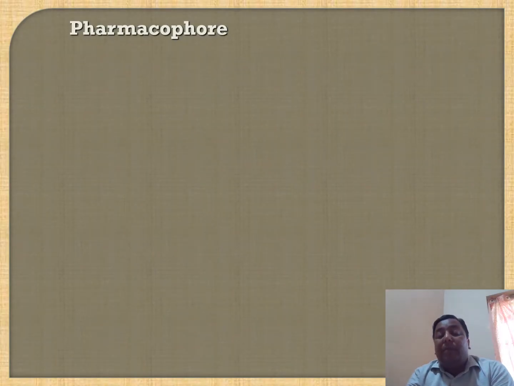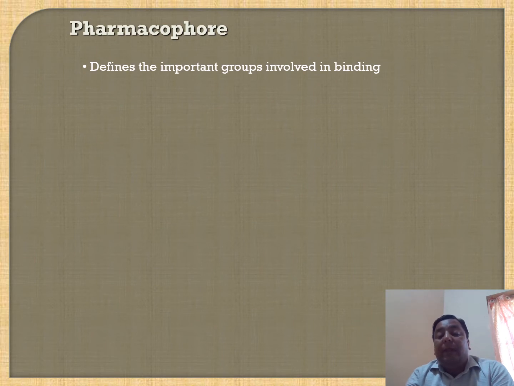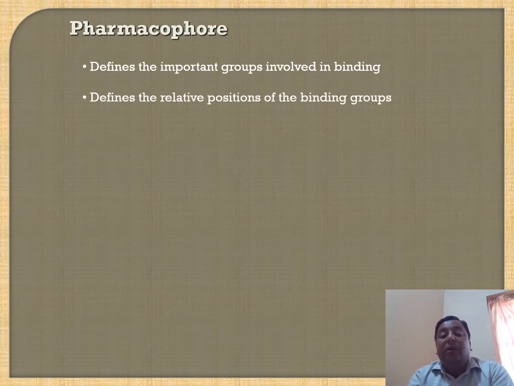If we talk about the pharmacophore features, they define the groups or functional groups which are involved in binding, and the relative positions of those functional groups or atoms of the functional groups are important, as they bind to the atoms of the target or residues of the targets.